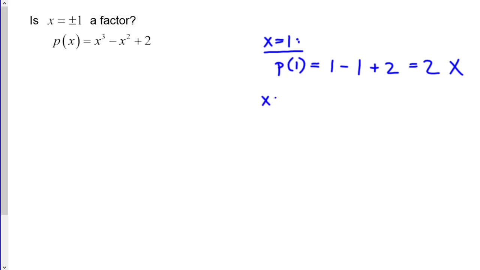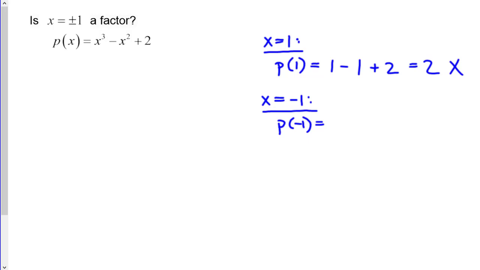Let's try negative 1. Negative 1 also isn't all that difficult, because if you put it into an even power, it results in positive 1, and an odd power just results in negative 1. So you're basically just going to either do the opposite of the value of your coefficient if it's connected to an odd power term, or the same if it's even.